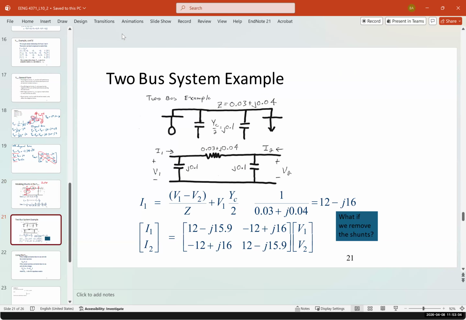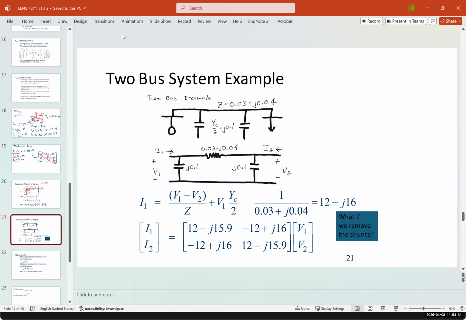Now, if we want to write it in the admittance bus format, we can simplify it. Here, in the 2 bus example, the impedances are given. Z is equal to 0.03 plus j0.04, and YC over 2 is j0.1.